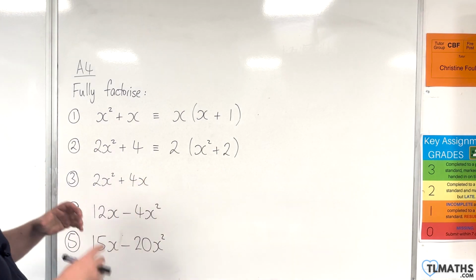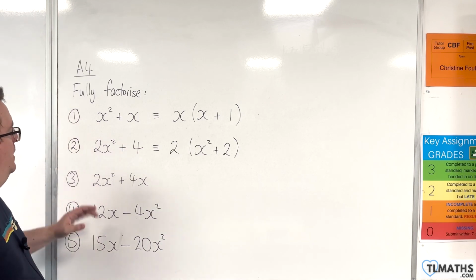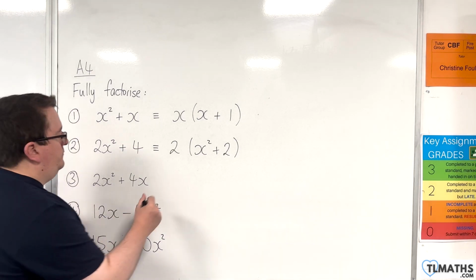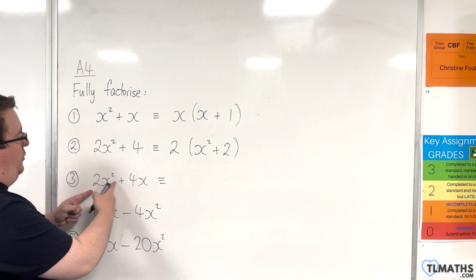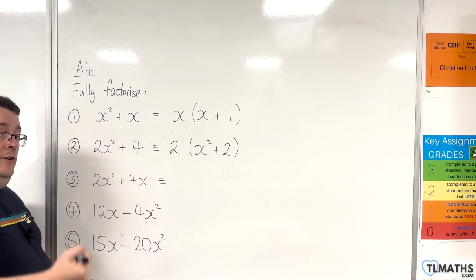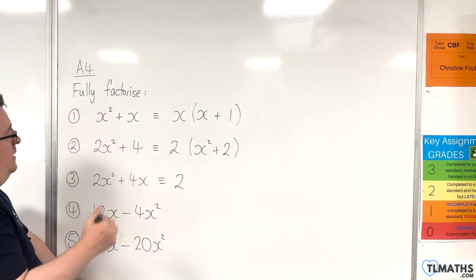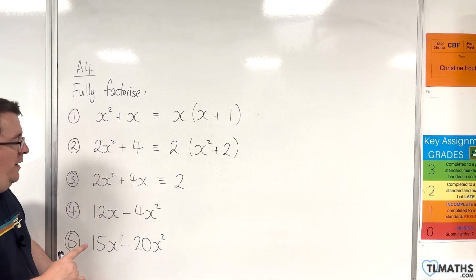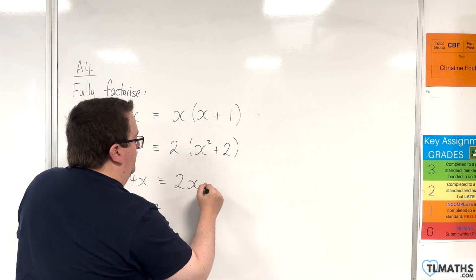Okay, so now let's see if we can bring those two ideas together and look at 2x squared plus 4x. So look at the coefficients first, the 2 and the 4. They have a highest common factor of 2, so that can come out. And both terms have a factor of x as well. So that can come out of the bracket as well.